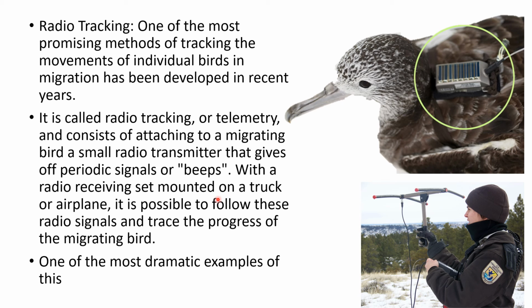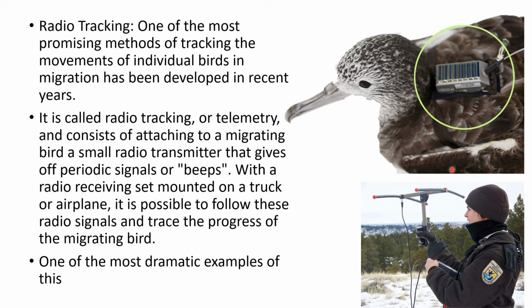So when the technology is improving, the study of bird migration is also improving. So now we use something called radio tracking as one of the very potent methods to study bird migration. This radio tracking is one of the most promising methods of tracking the movements of individual birds in migration, and has been developed in recent years.